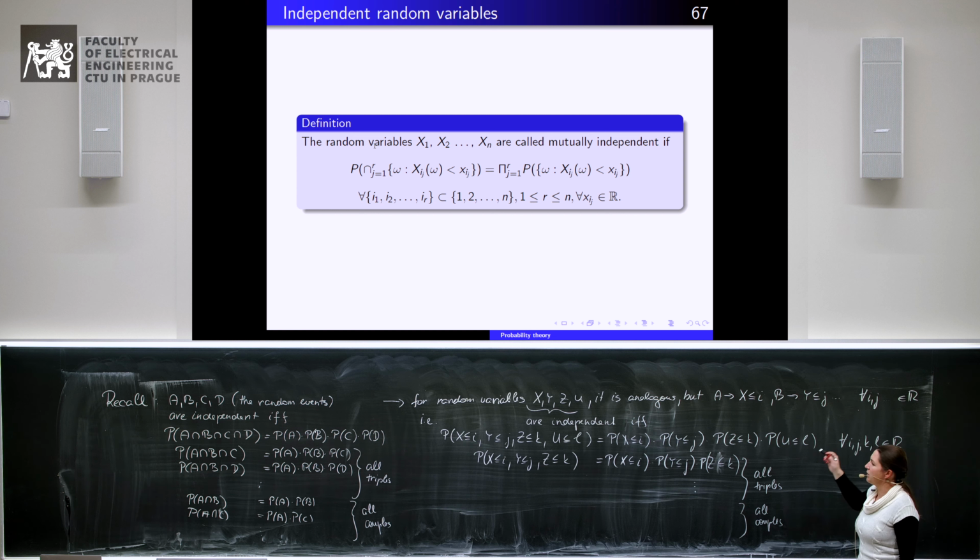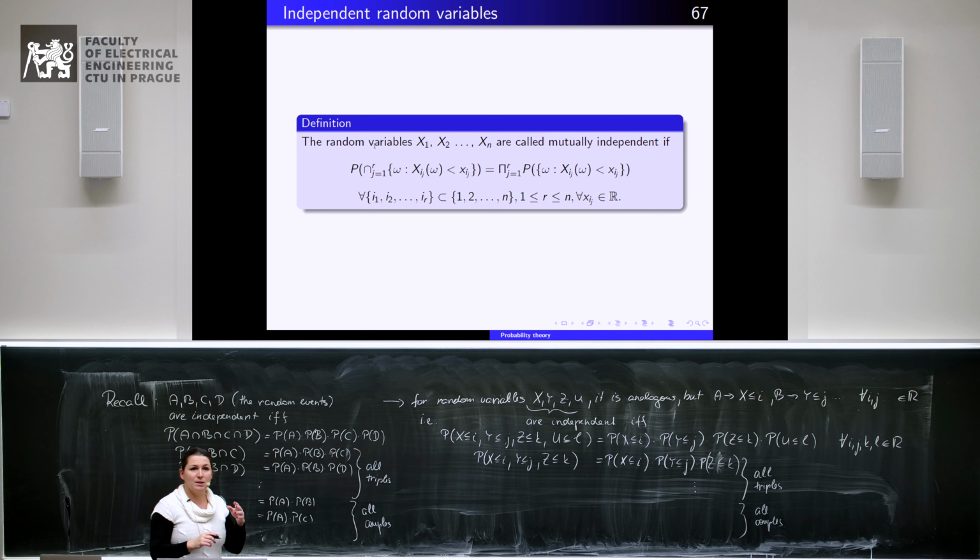Yeah? So it must be satisfied for all triples and all couples. And when we have n random variables, then we must verify this relationship for all combinations of all dimensions or all length which we can imagine. And this is the meaning of the definition of independent random variables, which is seen on this slide.